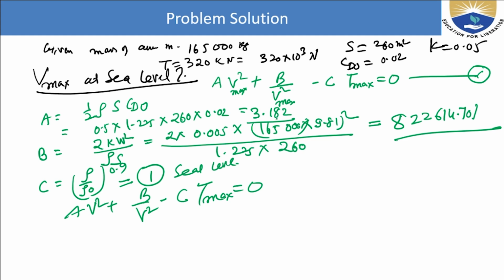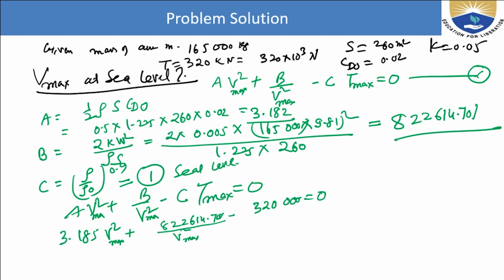A we got 3.185, V max square, plus B we got 822,614.701 divided by V max square, minus T we got 320,000, equal to 0.